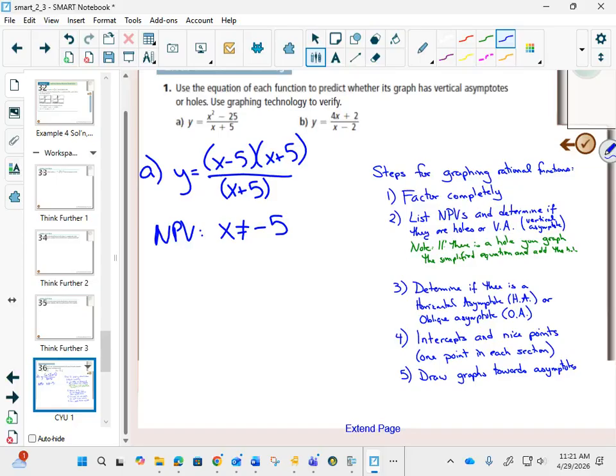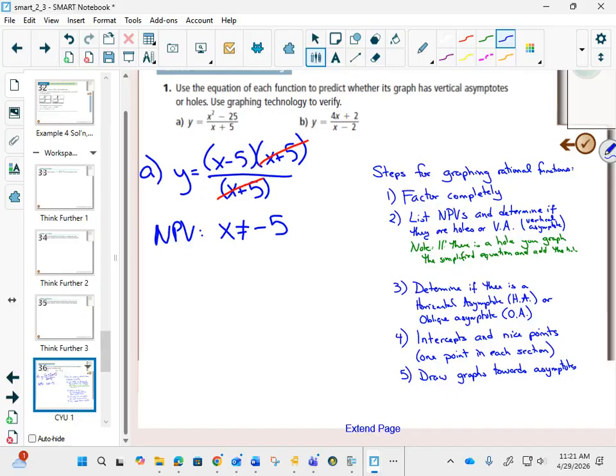Your non-permissible values will always end up being either a hole or a vertical asymptote. Look at our equation. Do things cancel out? Yes. The x plus 5 would cancel out, and so this one is going to have a hole.